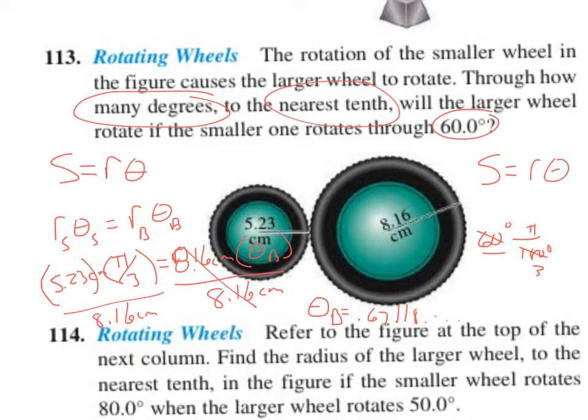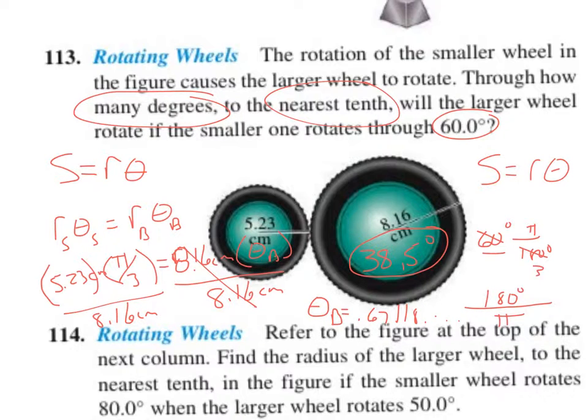But since we want to know this in degrees, and this is a radian measure of the angle, we need to use the idea that 180 over pi is how we convert that. So with that whole thing on my calculator, not rounded or anything, I'm going to multiply by 180 and divide by pi. And the angle that I come out with is 38.5 degrees, if I round to the nearest tenth.